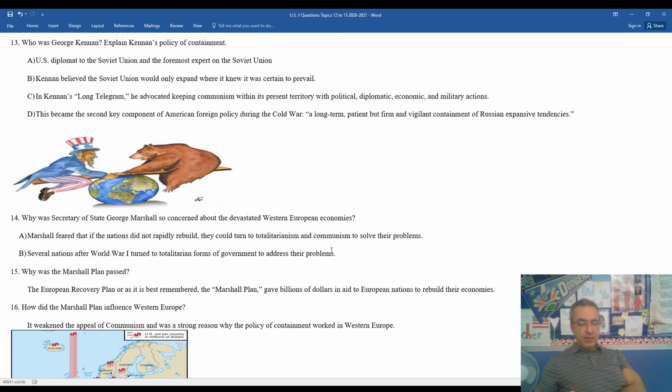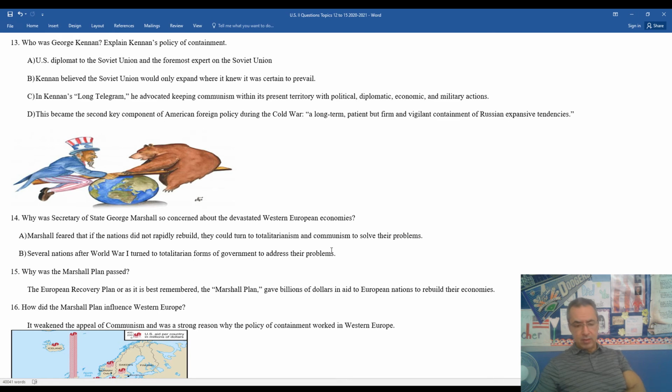So Marshall felt that if nations did not rapidly rebuild in the aftermath of World War II, this could turn into a situation where totalitarian or communist governments could be the solution to the problems in the struggling nations. Several countries after World War I turned to totalitarian forms of government to address their problems, and Marshall feared a repeat of history.